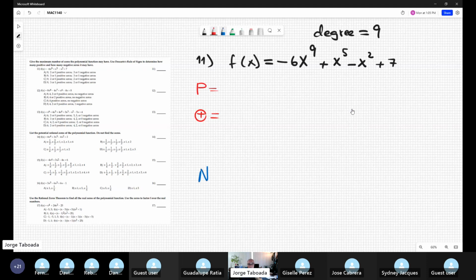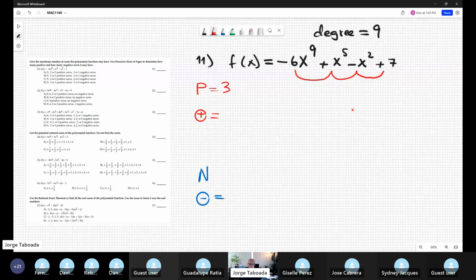Not always is completely true. And N represents the negative. So now you try to understand the number of changes of sign. Look, this one is positive and changes to negative, negative to positive, positive to negative, and negative to positive. Actually, P is 3, because you see 3 changes of sign.